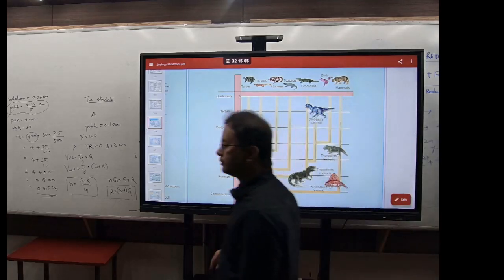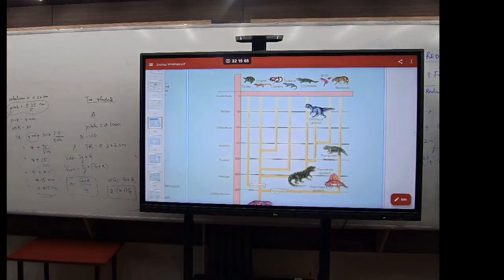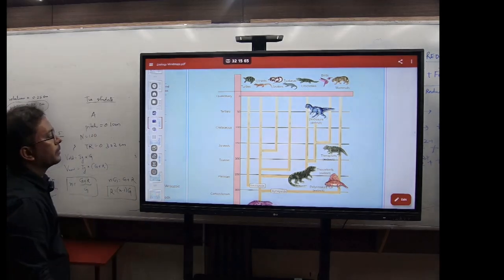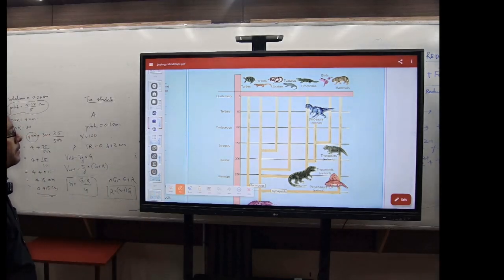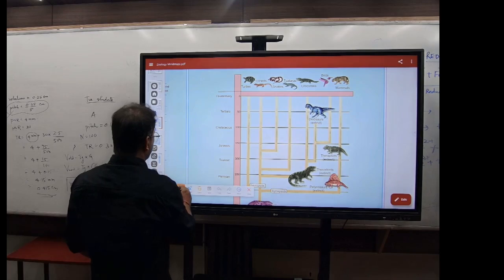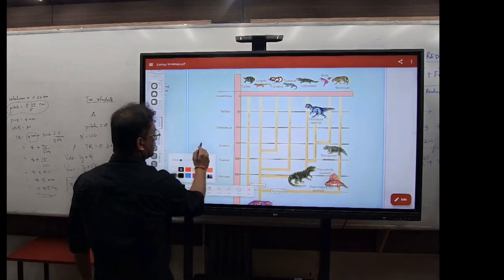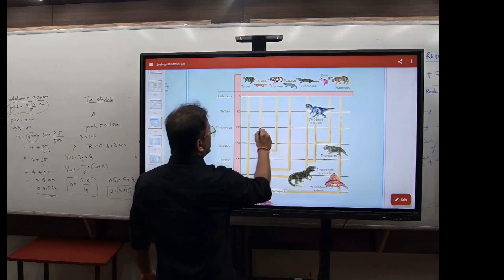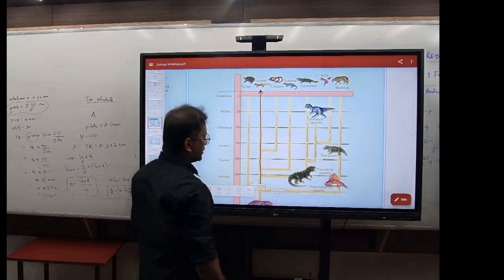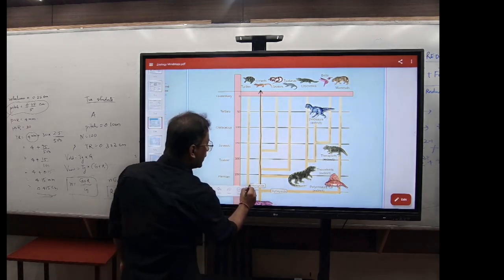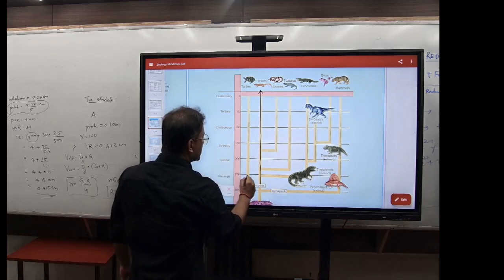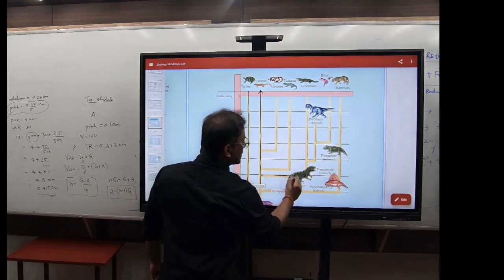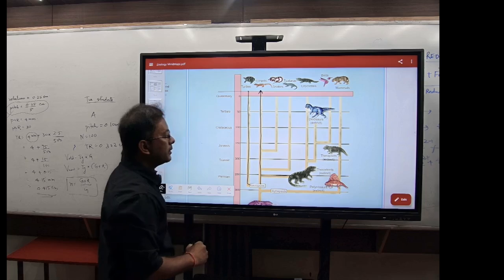Then see here, guys. Sauropsids. One lineage gives lizards, right? Another lineage is giving rise to turtles. One lineage is something called the Thecodont.